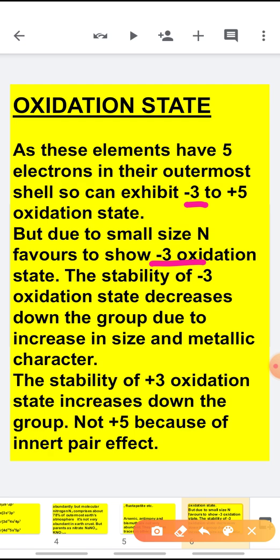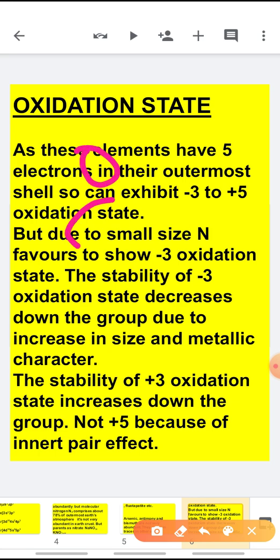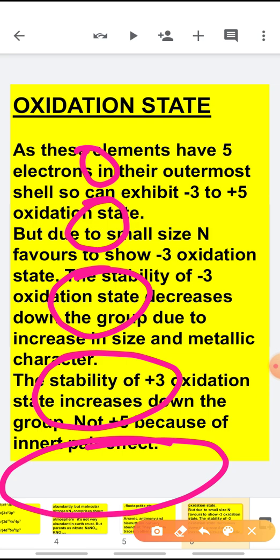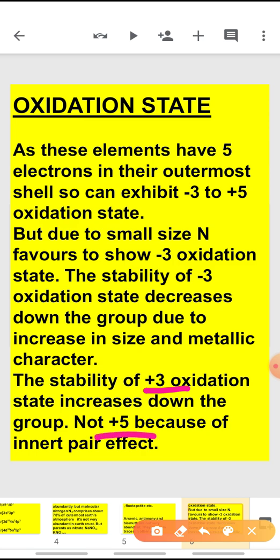But the stability of the -3 oxidation state decreases as we move from top to bottom in the group. Why is it so? Because the size of the atom increases and the metallic character increases. So, the stability of the positive oxidation state increases down the group. In positive also, +3 is more stable, whereas +5 is not much stable.